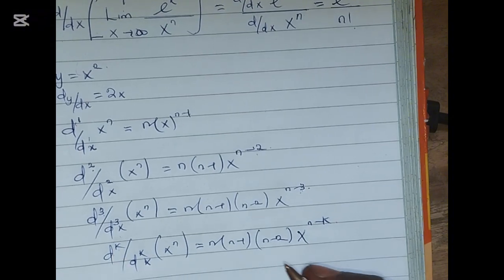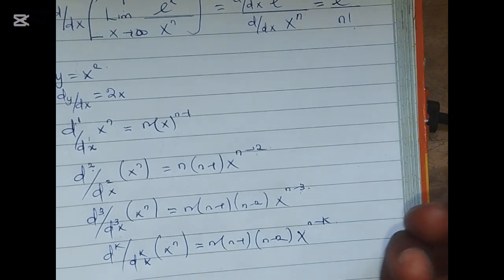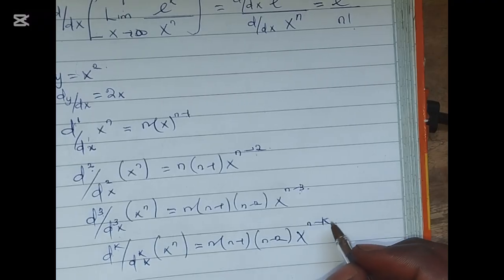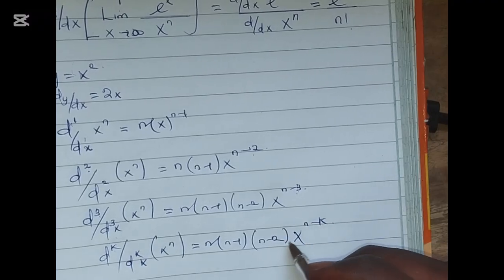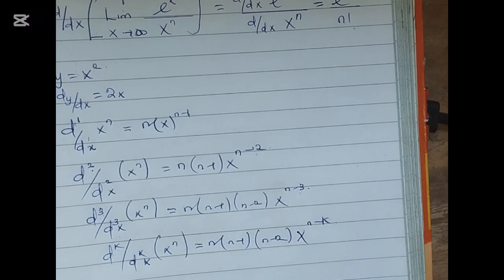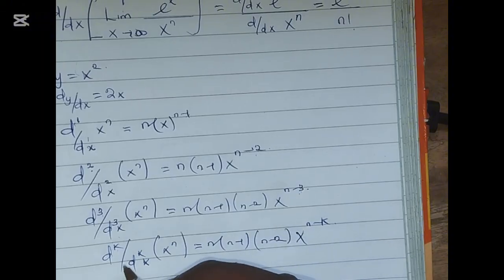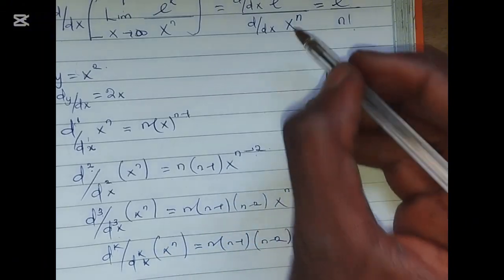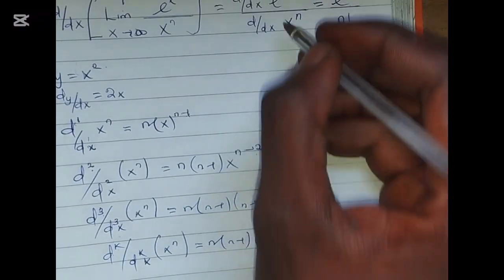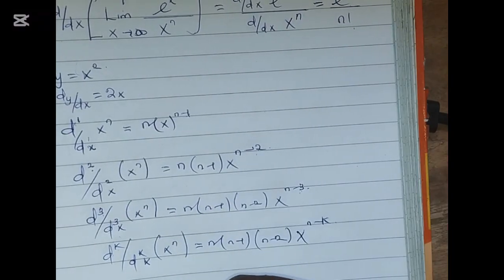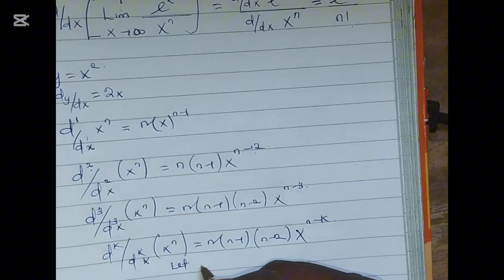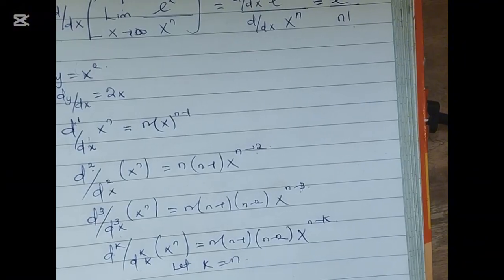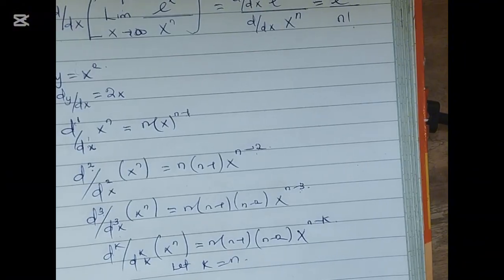And if that happens, you know what happens: the power comes down and multiplies the x, and we remove 1 from the power. Now assuming you are finding the nth derivative of this function here, xn, that means you are just saying let k be equal to n. That is all. Let k be equal to n.